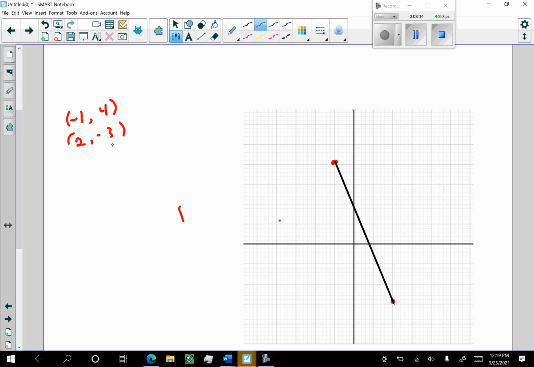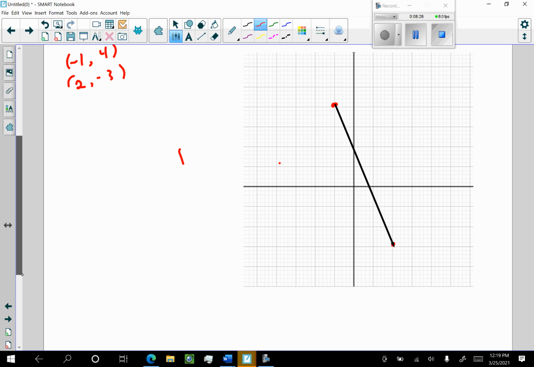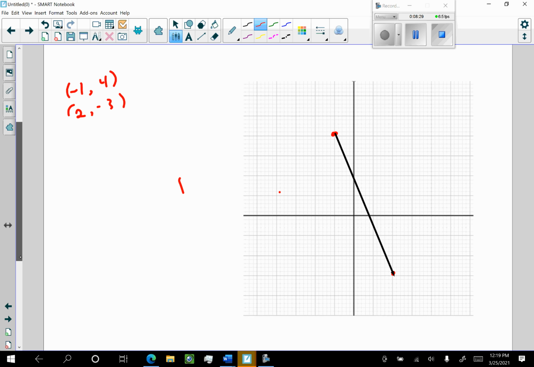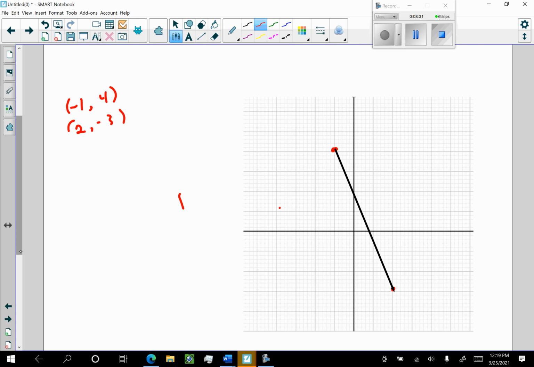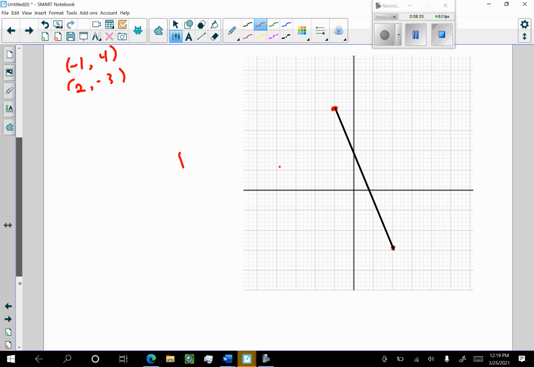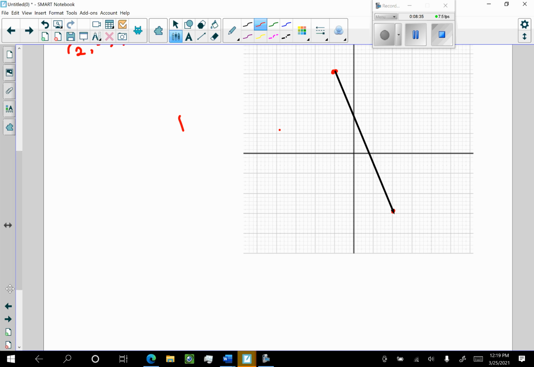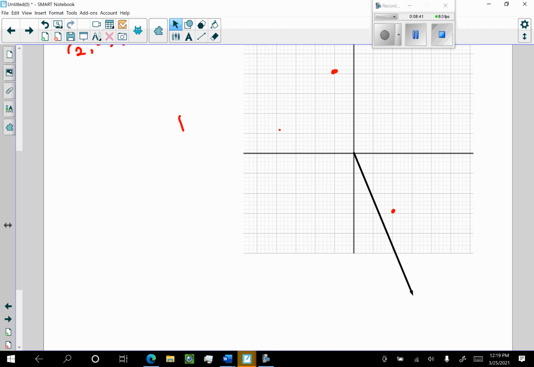So I need to find a way to find the component form of that vector. And it's pretty easy if you think about it. If I translated that vector to where the starting point is at the origin, I'm not going to change its direction, nor its length. I'm just going to grab it and translate it until the starting point is at (0, 0).